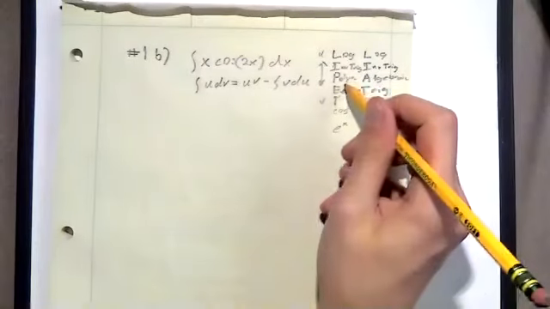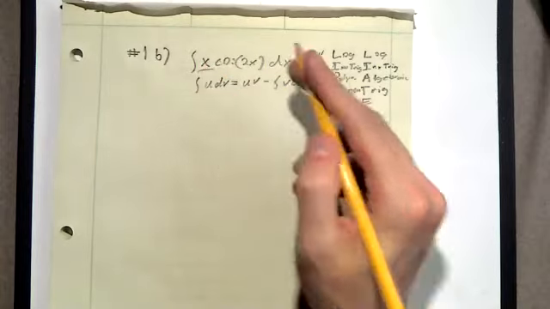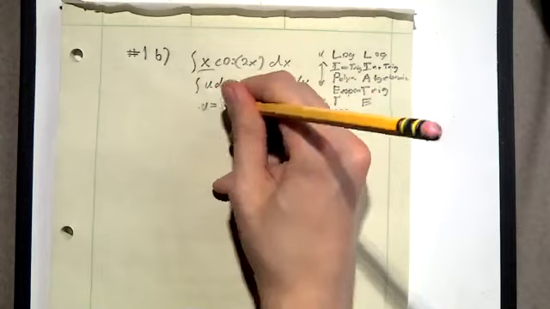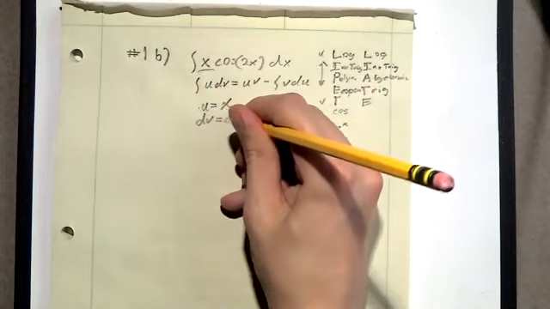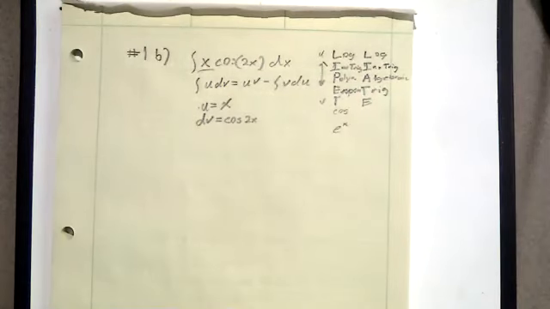So in this case, since we have a polynomial or algebraic as x, we'll have u equal x, and dv is going to equal cosine of 2x. Now from there, we can start filling out our integral.